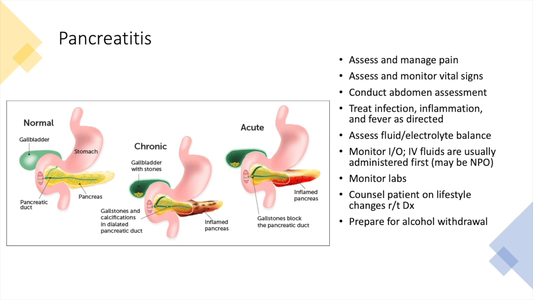Priority here is going to be managing pain, monitoring vitals, and then per provider order, treating the underlying infection, inflammation, and/or fever. This is usually associated with alcohol use, and so if it is known to be associated with alcohol use and they are inpatient, then you need to prepare for alcohol withdrawals and the related alcohol withdrawal symptoms, and the need to contact the provider when they demonstrate those symptoms to start treatment for alcohol withdrawal.